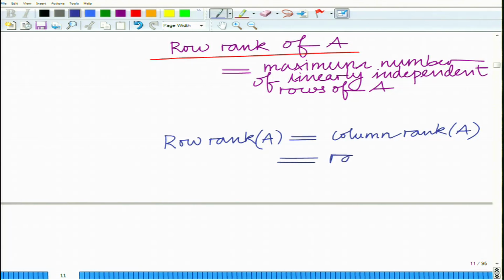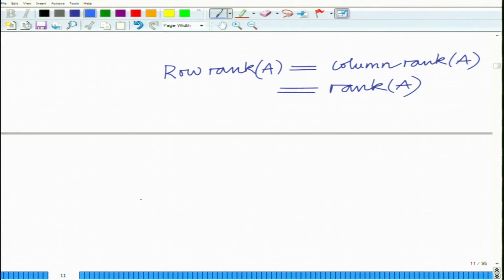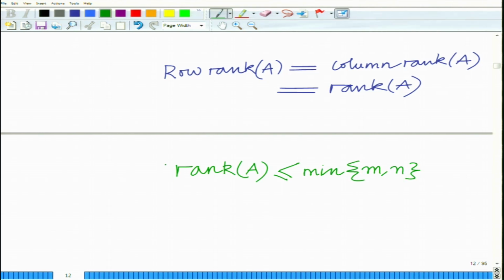In addition, the rank of the matrix A is less than or equal to the minimum of the number of columns comma rows of A.